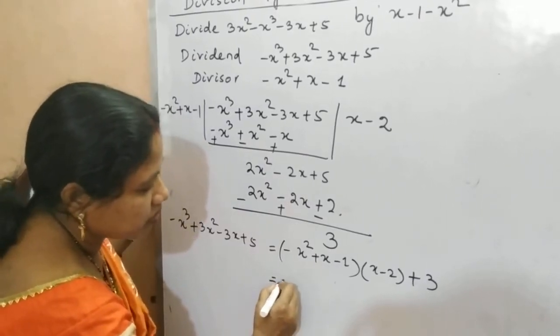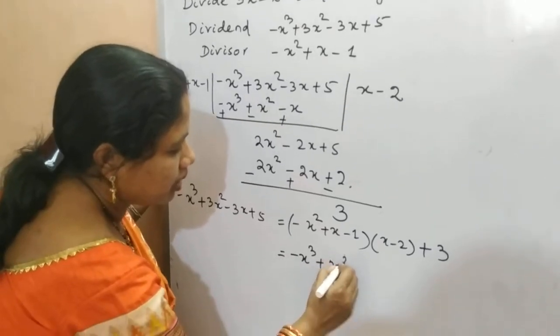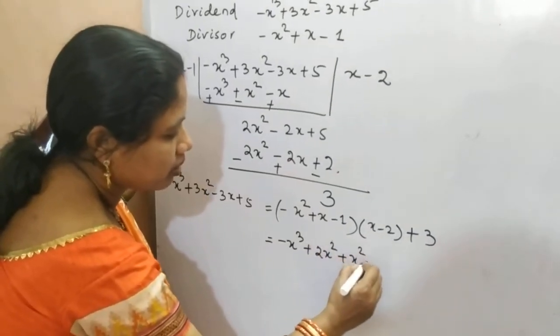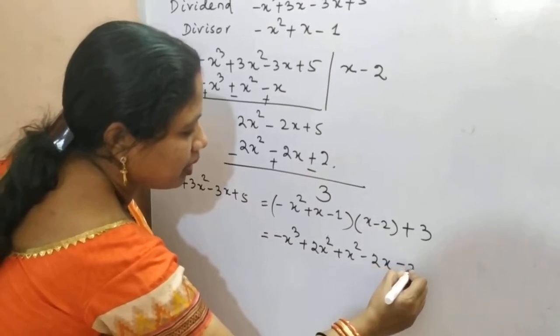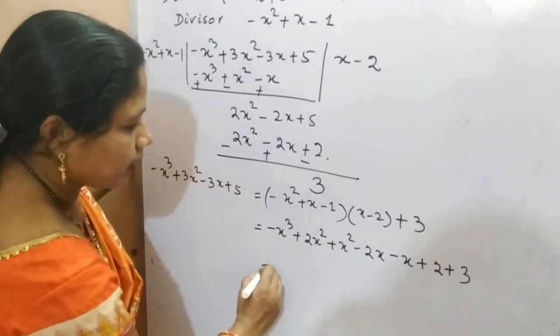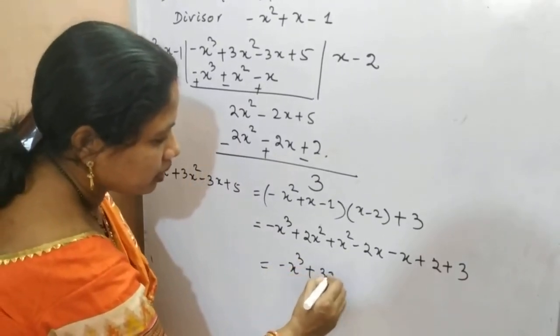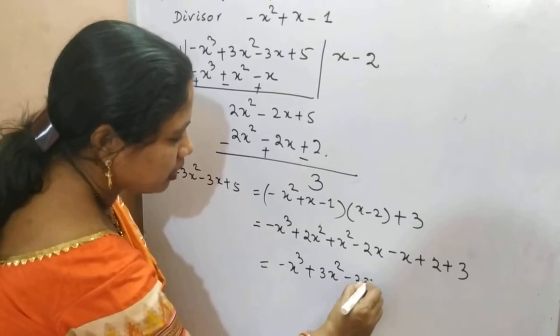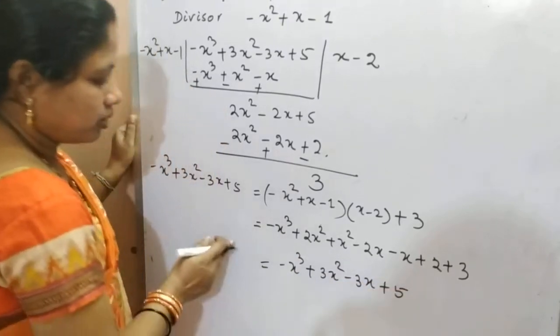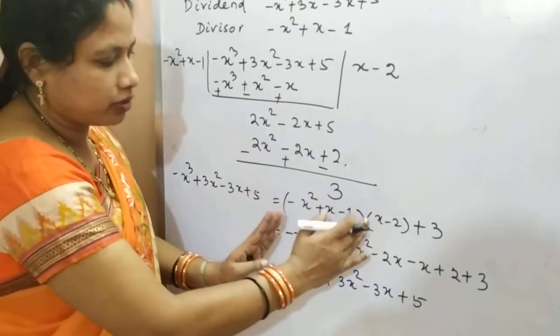So this becomes minus x cube plus 2x square plus x square minus 2x minus x plus 2 plus 3. So this is equal to minus x cube plus 3x square minus 3x plus 5. So this is verified.